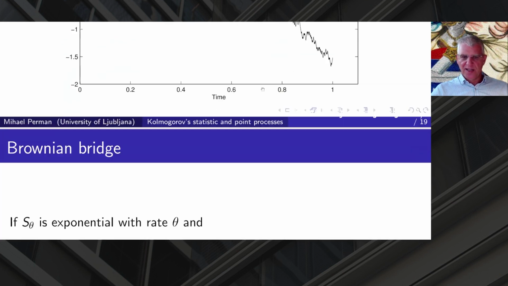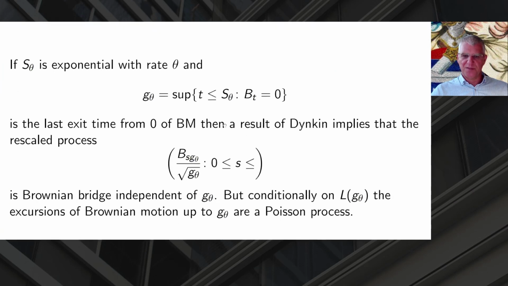And if I rescale this, so that s goes from 0 to 1, I should have a 1 here, sorry, then this new process that we get is a Brownian bridge, and it's independent of g theta, and it's independent of S theta. This is what you get from this result by Dinkin and from properties of Brownian motion.